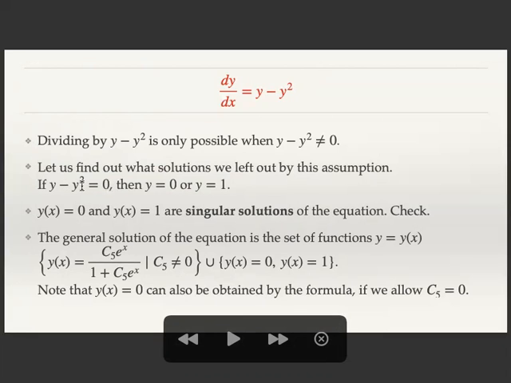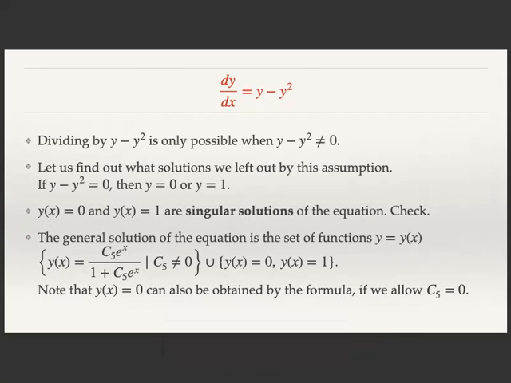This is a quadratic equation in y. It has two solutions, either y is equal to 0 or y is equal to 1. And it turns out that the constant functions y of x is equal to 0 and y of x is equal to 1 are solutions of the equation.